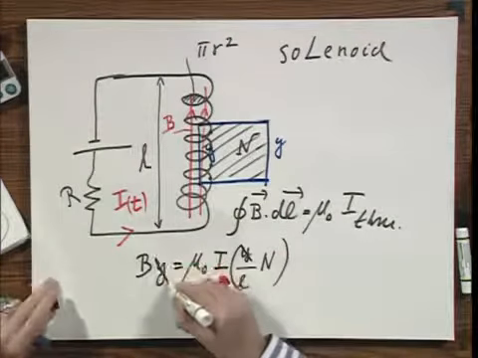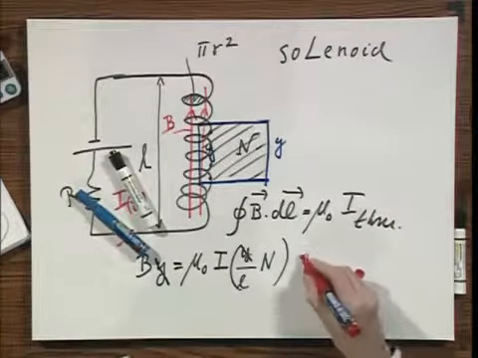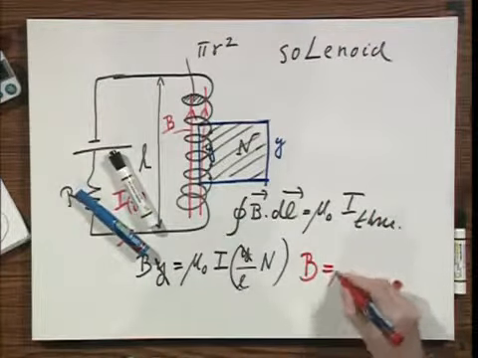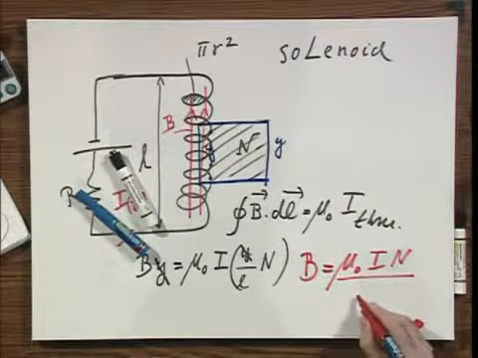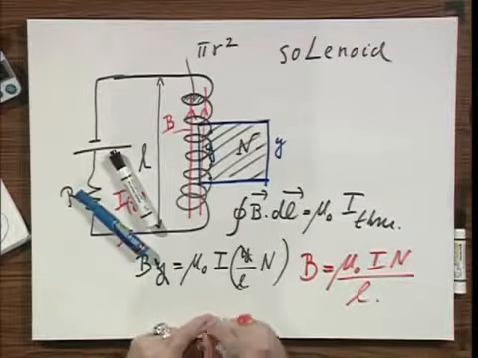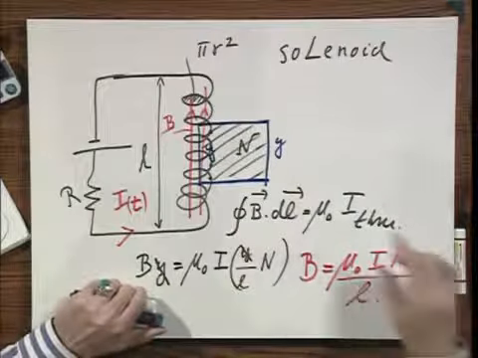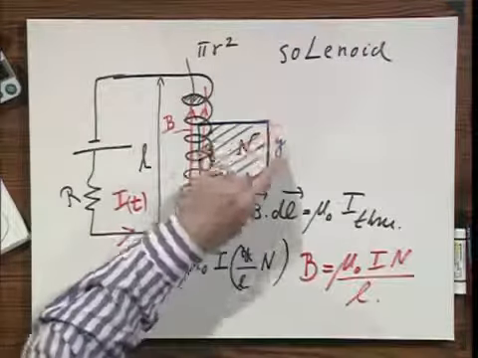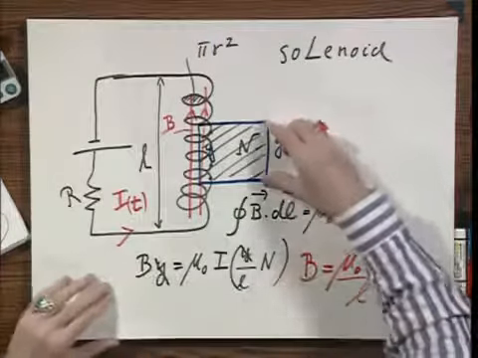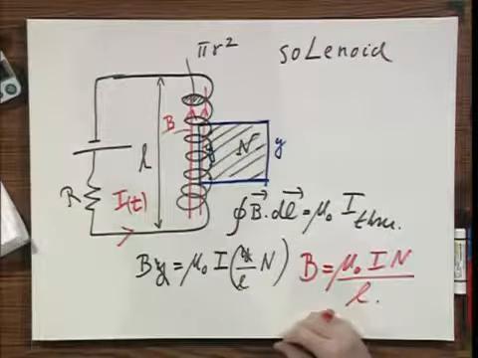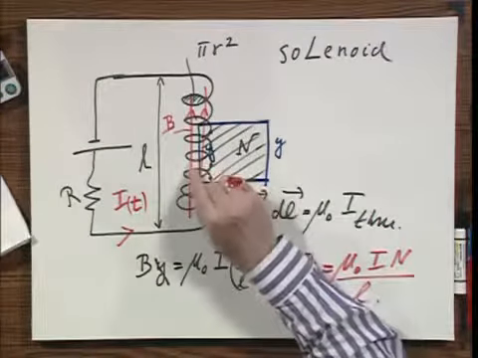I lose my y, and I find a result that you have seen before, that the magnetic field in a solenoid equals mu 0 times I times N divided by L. And notice it's independent of the cross-sectional area of the solenoid, little r, and it is also independent of y. It better be independent of y, because Maxwell couldn't care less about how long you choose this. So far so good. We now have the magnetic field inside the solenoid.